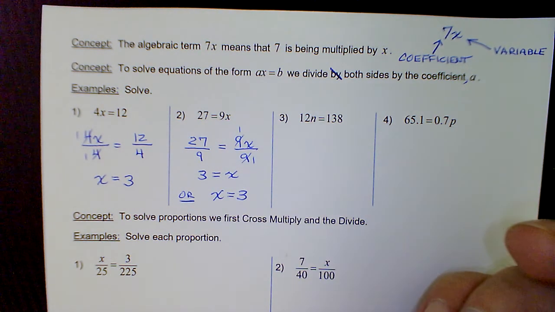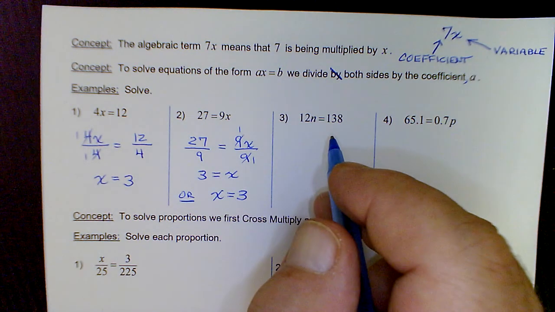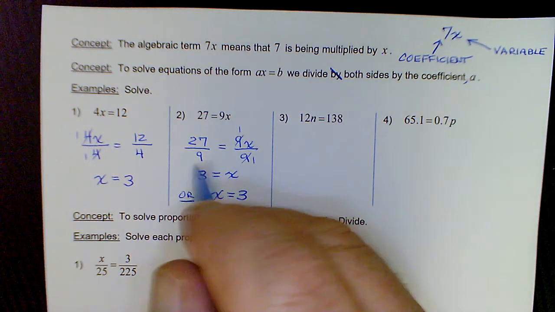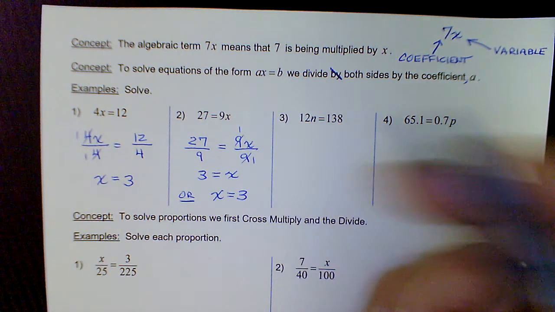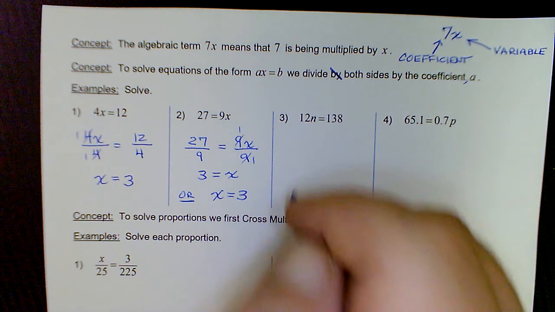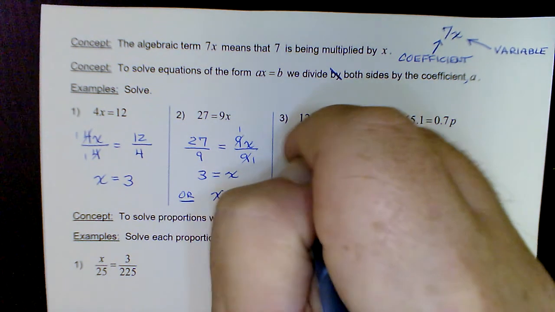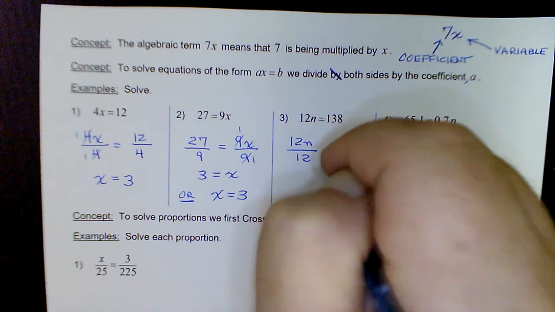The reason why we need this algebraic manipulation is because it's not always easy. In those examples, it was easy to guess x was 3. Here, 12 times what's 138? I don't know if there's too many people that can come up with that quickly. So we need algebra. So we're going to divide by the coefficient of the variable.